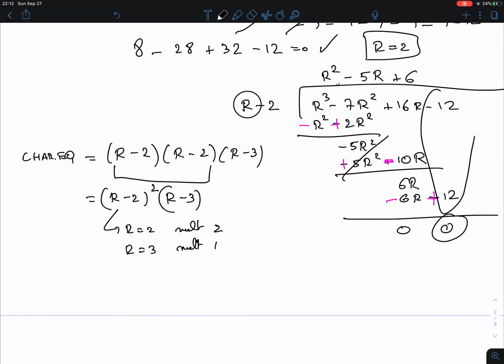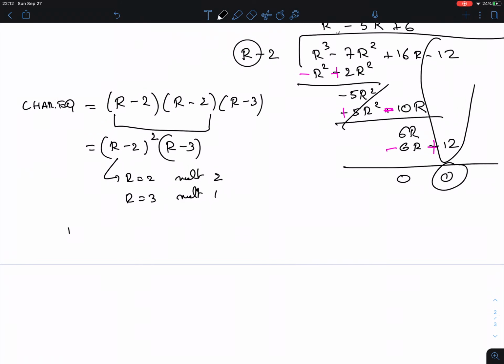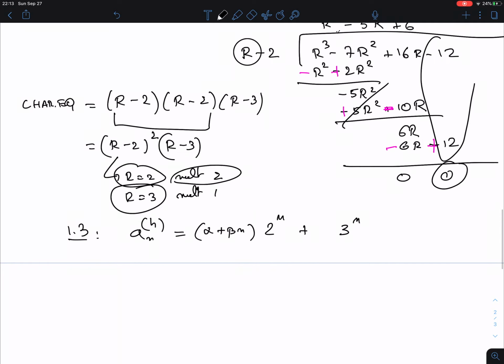You remember, this is very important, and for one thing, it's important in writing down what the general homogeneous solution is. For every root, this root has 2 to the n that we get. And in front of this, we get a general polynomial of degree 1 less than the multiplicity. So that is alpha plus beta n. Plus, we also have this root, so we get a 3 to the n.